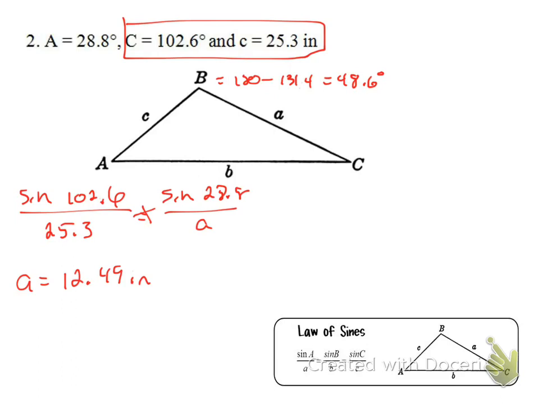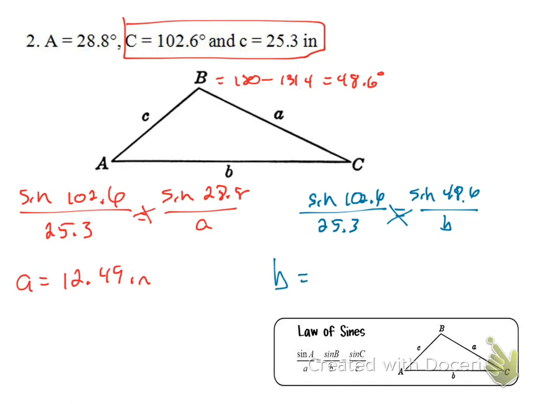And then to find B, same thing. So we're going to take, again, sine of 102.6 over 25.3 equals, let's see, we found A, so we've got to use B. So sine of 48.6 over B. And again, no choice but to use the angle that we found for B, because that's the formula.